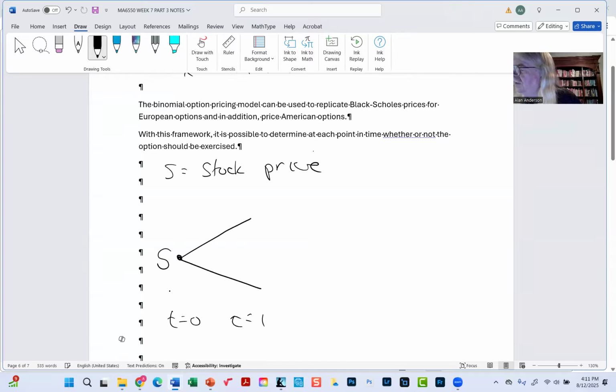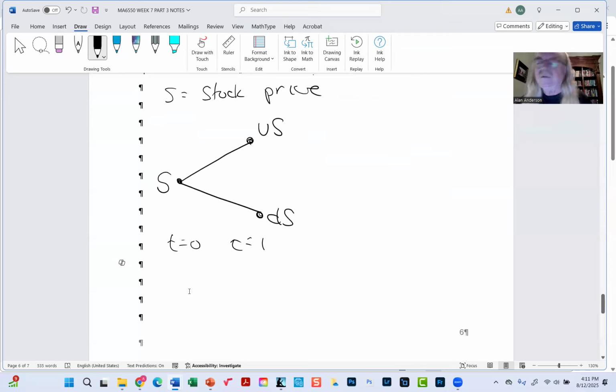That's all we have. If it goes up, it goes to a multiple of itself, U S. If it goes down, it goes to a different multiple of itself, D S. D for down, U for up. And at least in the Cox-Ross-Rubinstein model, U and D are inverses, so that their product is 1.